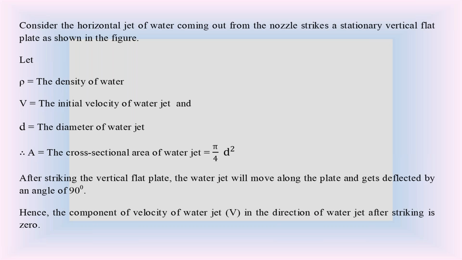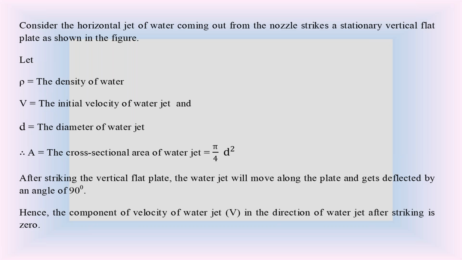Just now we discussed this in the diagram. From the nozzle, the water jet is coming out horizontally. Take rho as the density of water in the water jet. V is the initial velocity of the water jet, which is horizontal.